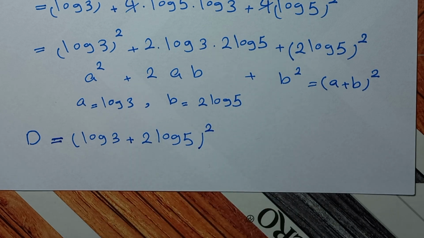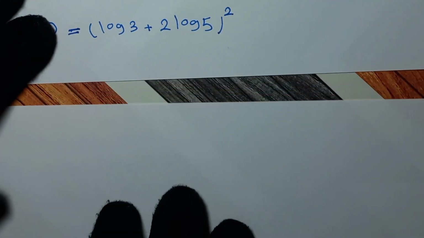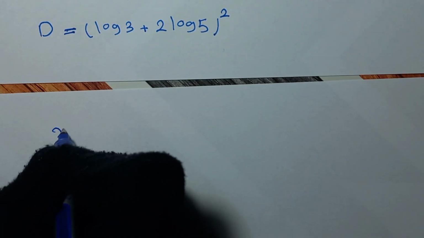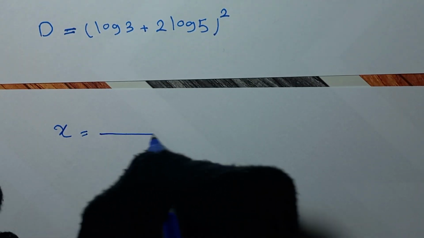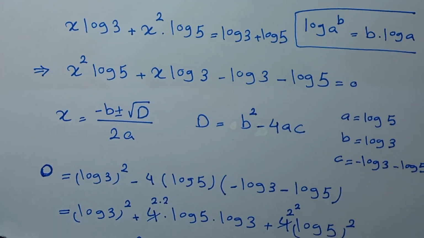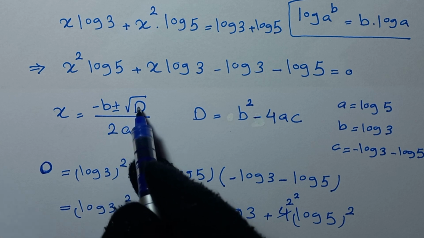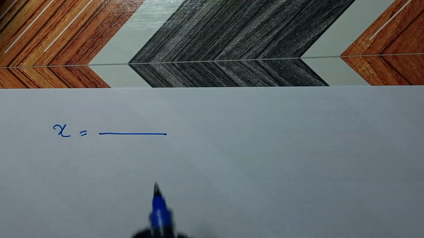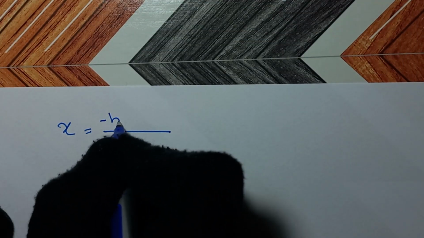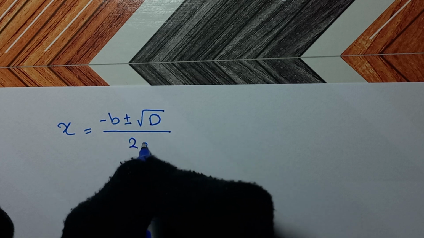So in next step, to find the values of x is equals to, from this quadratic formula, negative b plus or minus square root of discriminant over 2a.